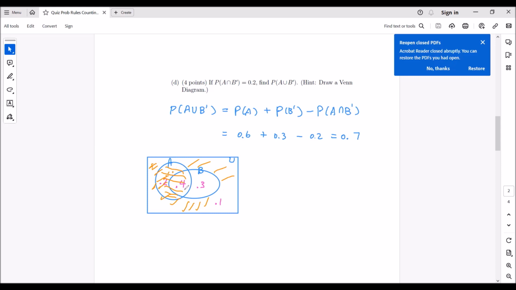This piece is kind of double counted, but I don't really care. So the only thing left over is 0.3, so it's just 1 minus 0.3, which is 0.7. Or, of course, you can add 0.2 plus 0.4 plus 0.1. You still get 0.7.